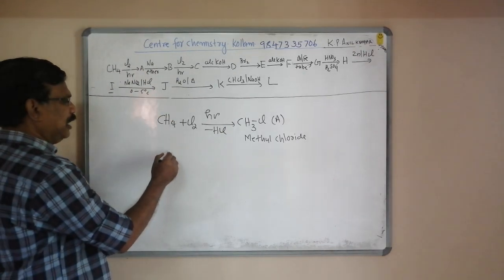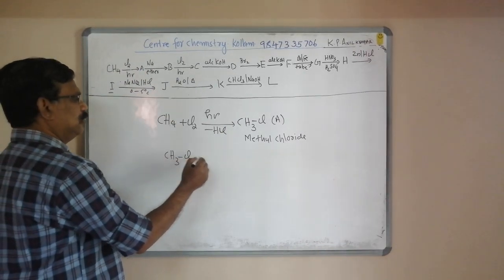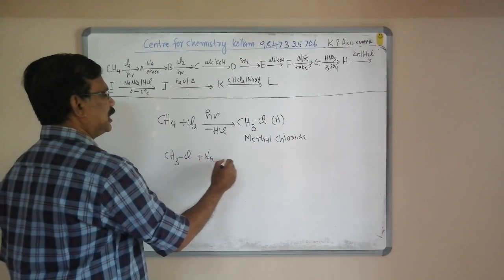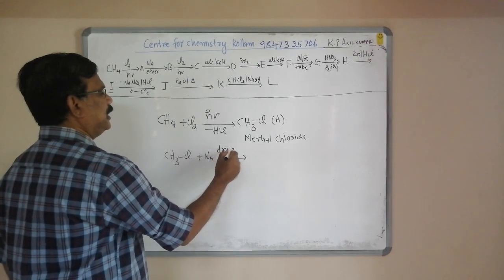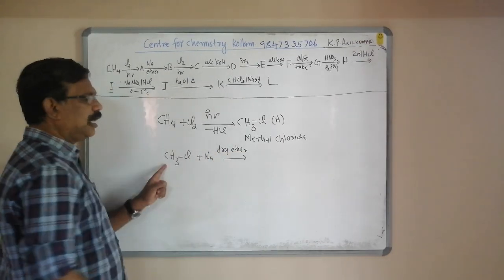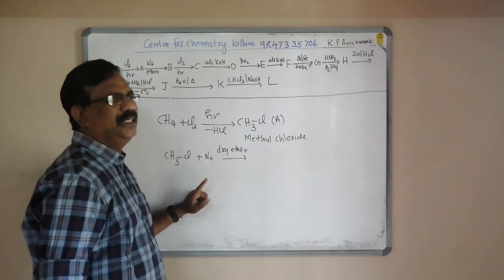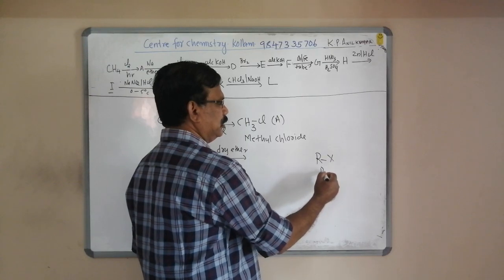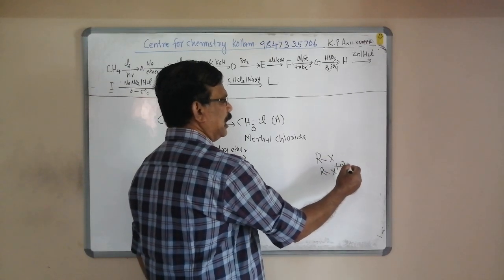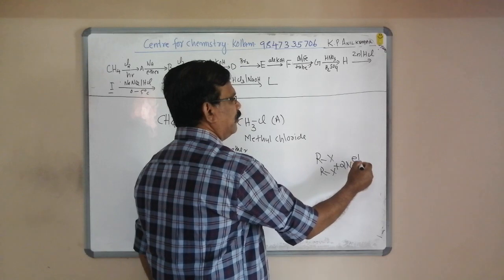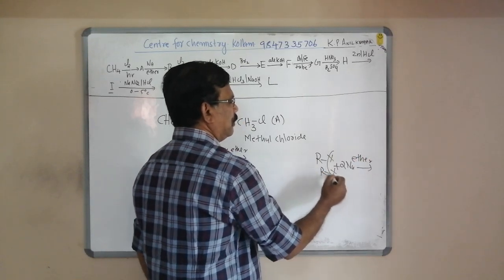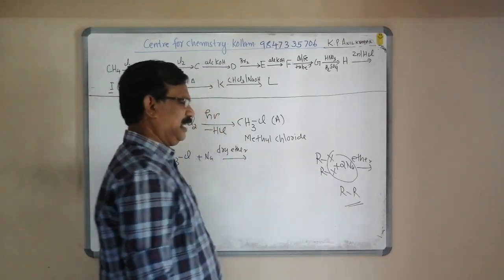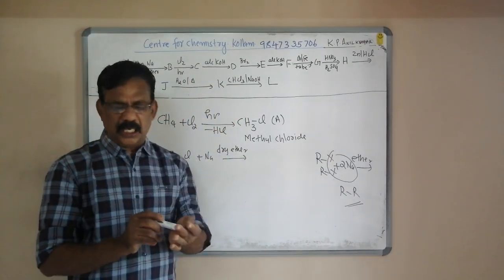That methyl chloride, an alkyl halide, when treated with metallic sodium in dry ether medium, is the Wurtz reaction: two molecules of alkyl halide, metallic sodium, solvent dry ether, minus 2 NaX, gives the alkane R-R.